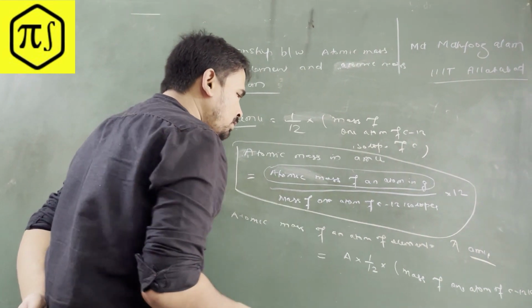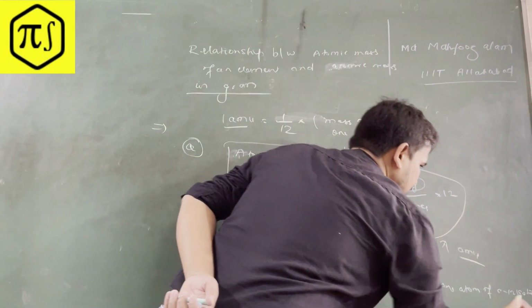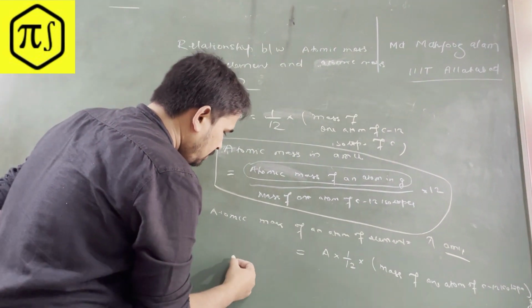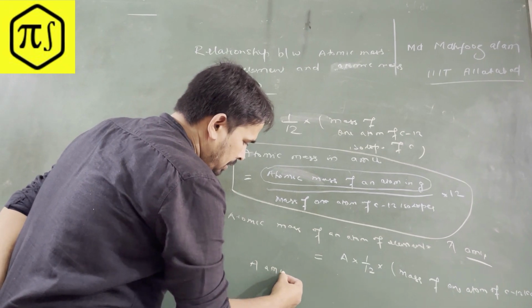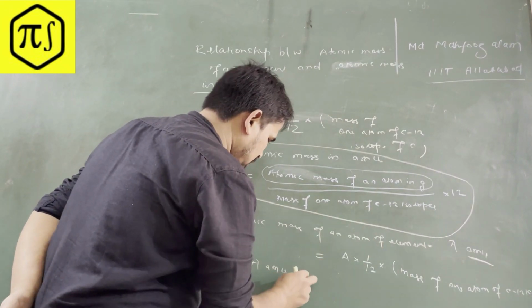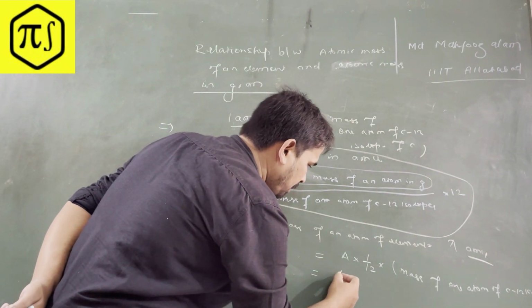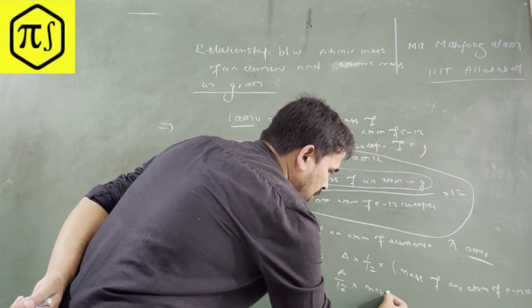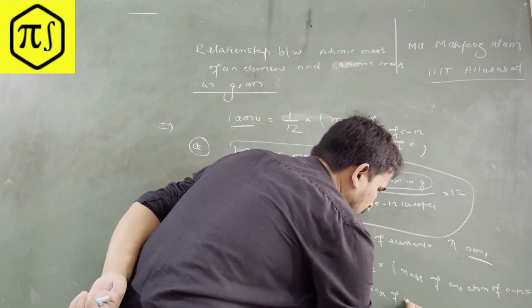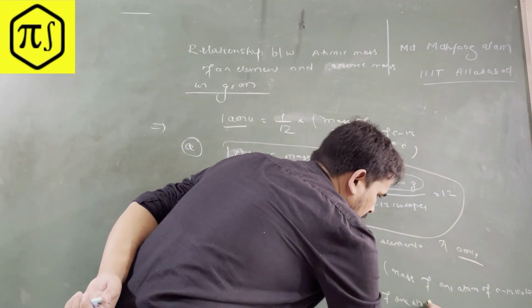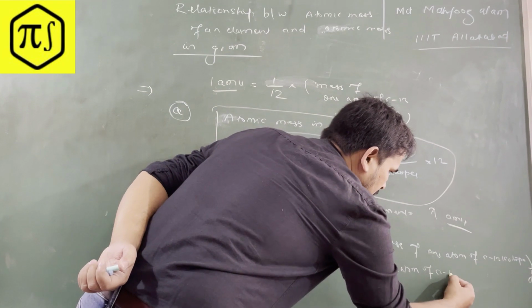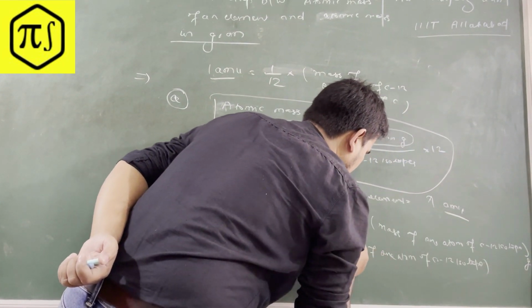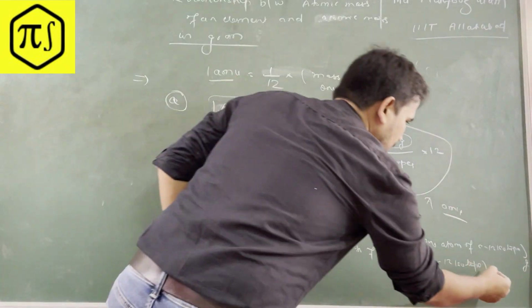Now this will be in gram. So you can write AMU equals to 1 by 12 into the mass of one atom of the C12 isotope, right? This is the mass in gram.